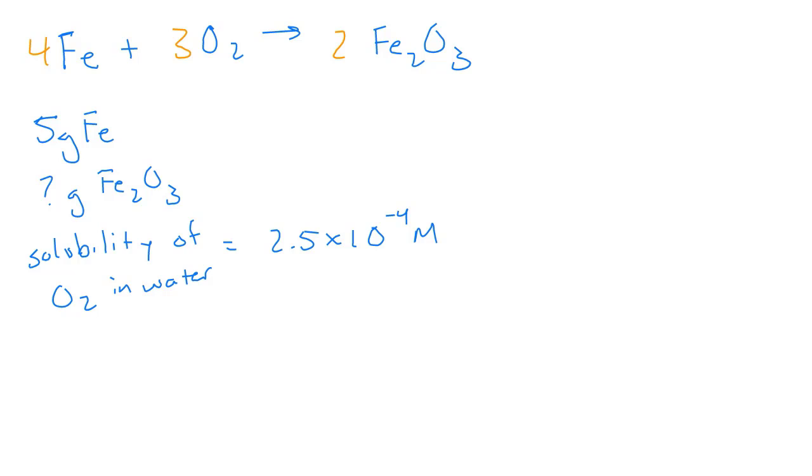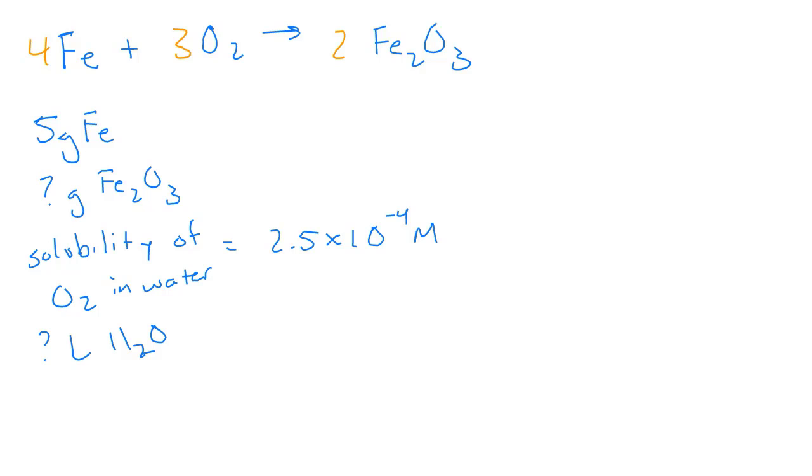So let's see how much oxygen we need. That's the idea. So one of the questions it's asking is how many liters of water we need. That's the first initial question.